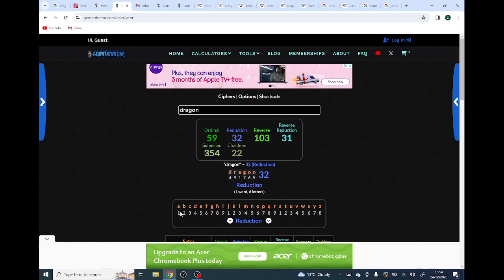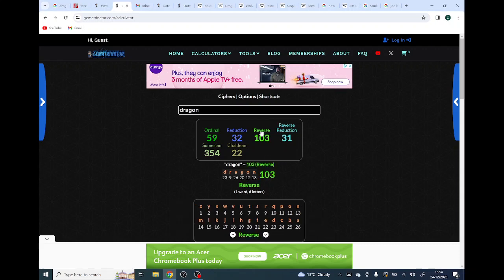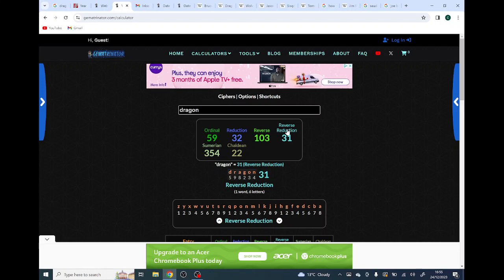So 1 equals A, all the way up to I, which would be 9. And then it goes back to 1 on J, and so on. Then it finishes on Z, which will be 8. Then you've got the reversal, which is the reversal in order of the original, where Z is 1, all the way to A is 26. Then you've got the reductional in reverse. And you can think about how it would go.